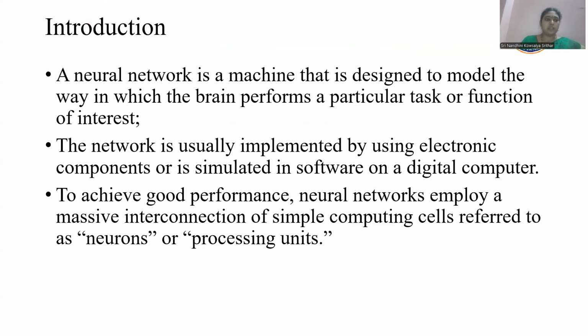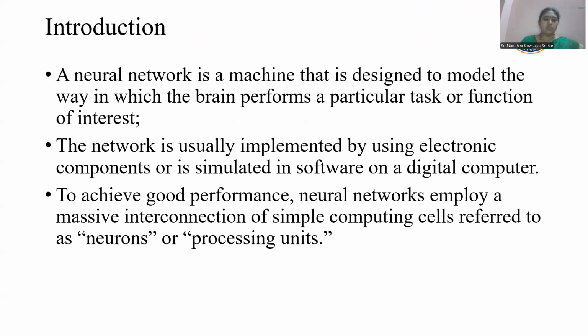Then in the introduction, the neural network is a machine that is designed to model the way in which the brain performs a particular task or function of interest. The network is usually implemented by using electronic components or simulated in software on a digital computer.